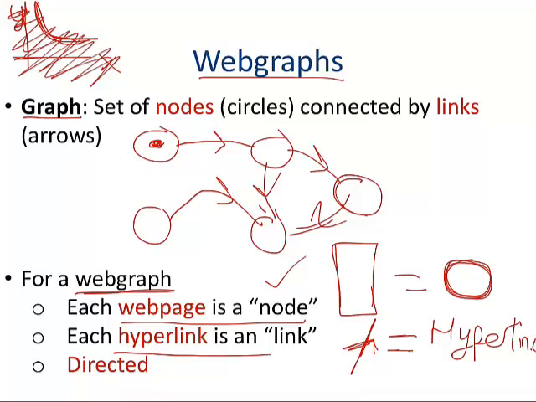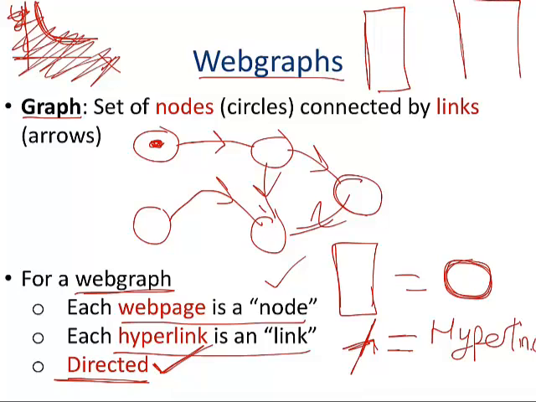And it's important to note that a web graph is going to be directed. The best way to understand that is if you think about your Facebook page, maybe your favorite artist also has a Facebook page. And maybe you make a reference to him. You share one of his links. We can draw an arrow this way.